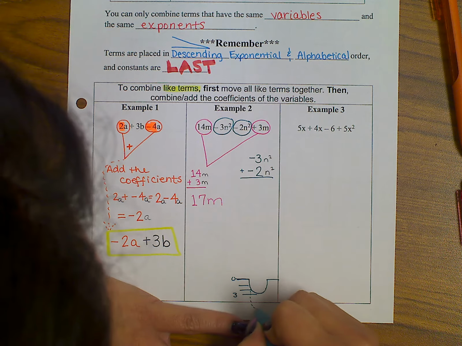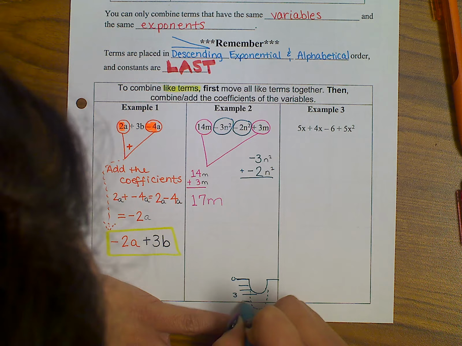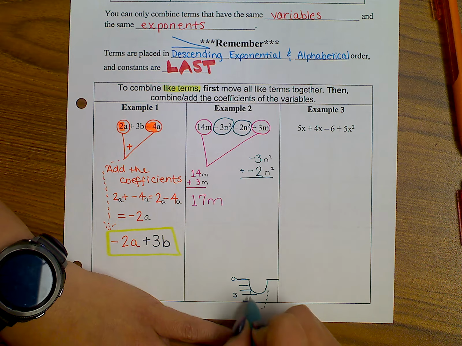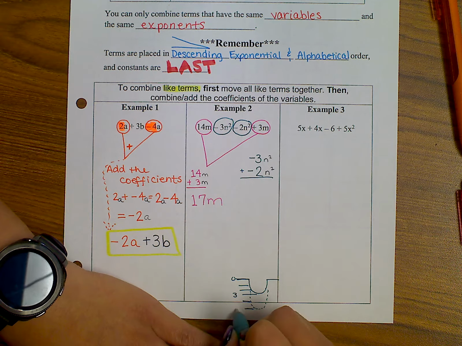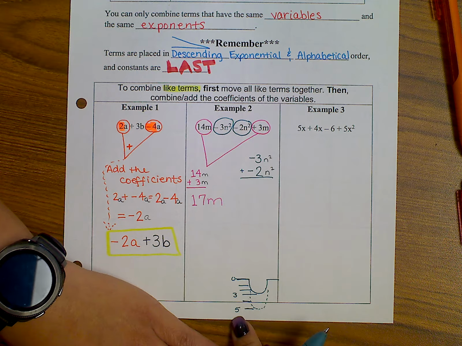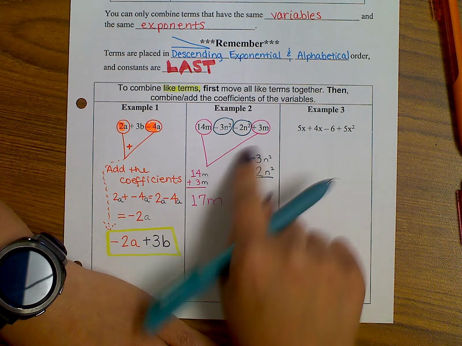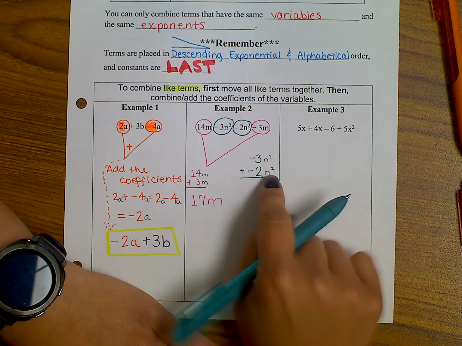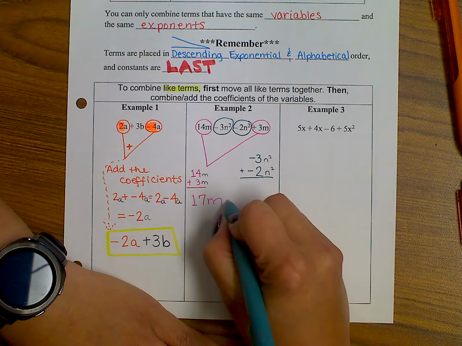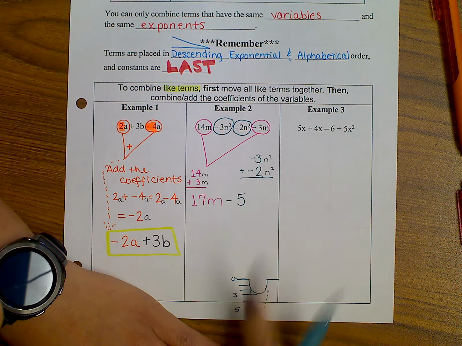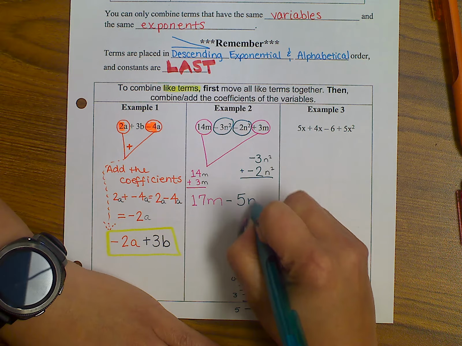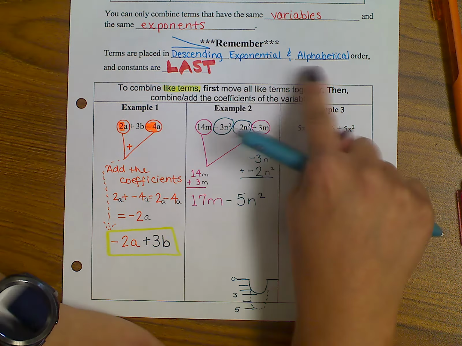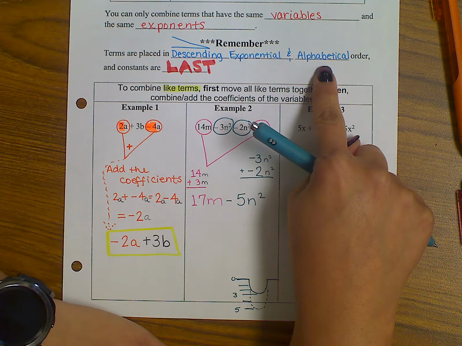Okay, there we go. So that's 1, 2. So whenever I went further down, it's become more negative. So what I would say is here, when I combine negative 3n squared with negative 2n squared, I have negative 5n squared.